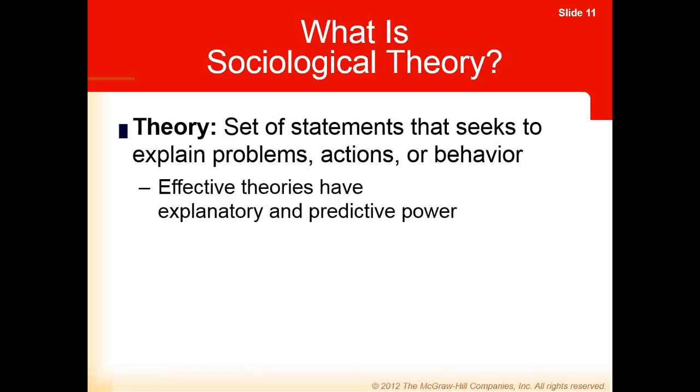In order for a theory to be considered an effective theory, it has to offer explanatory power. When we think about the field of physics, physics is constantly searching for what they call the grand unified theory. Because right now, physics has divided theories. They have Einstein's theory of general relativity, which has great explanatory power with regards to large objects.